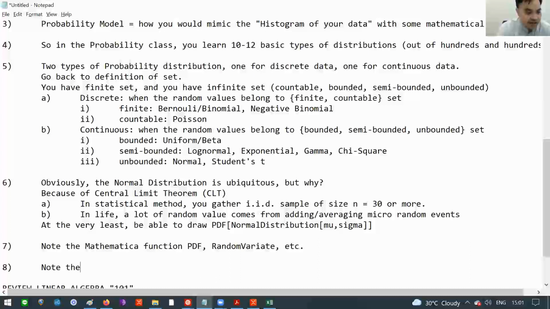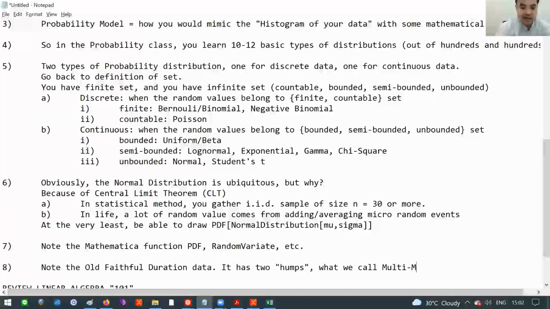Note the duration here. It has two humps. What we call a multimodal distribution.